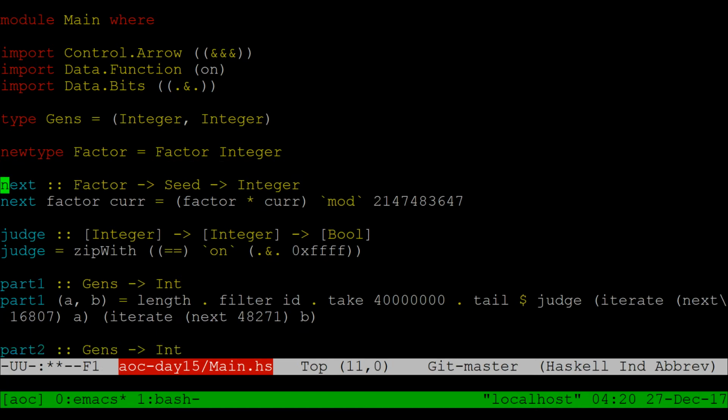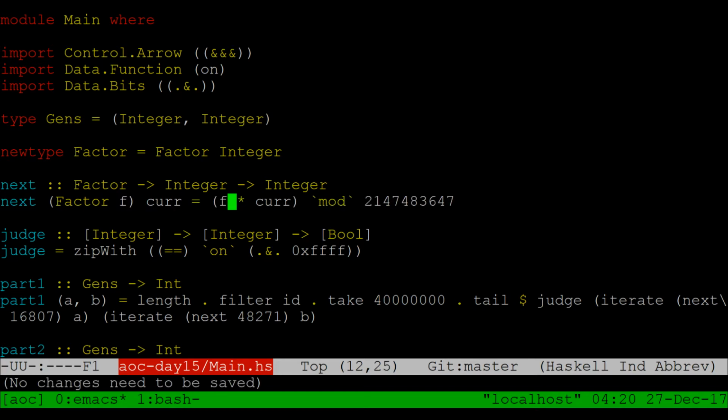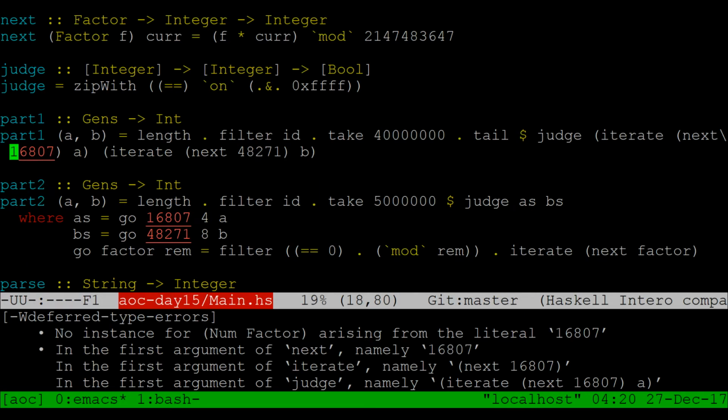Let's just add this one new type and see how much it helps. Factor of factor, f. I'm turning on Intero here so it can tell me where the problems are. Okay, there's one.